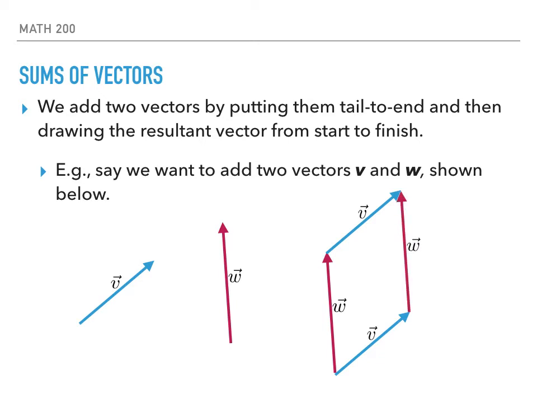Notice that you end up in the same place either way, right? It's like if you walk 10 feet north and 5 feet west, it's the same as walking 5 feet west and 10 feet north. So the sum of v and w is the vector that connects the starting point to the ending point.